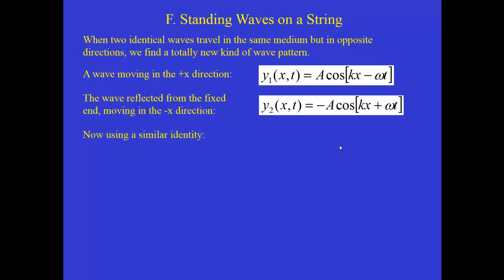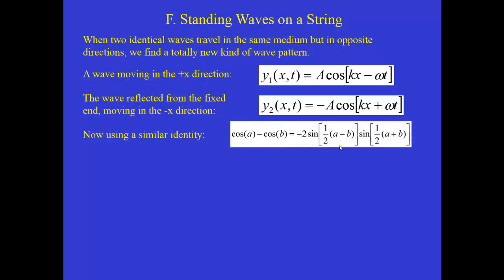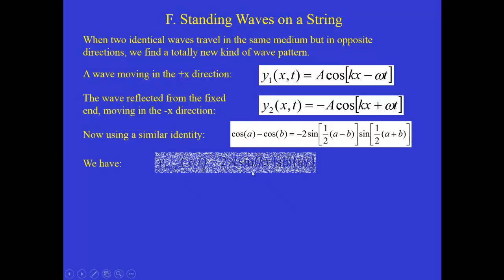So let's see what happens when we add them together. We can use a slightly different identity because in this case we've got a cosine term that has a factor A and then another one that's got a factor negative A, and so we actually have the difference of two cosine terms if we add these two together. So we want to use the identity that gives us the difference between two cosines.